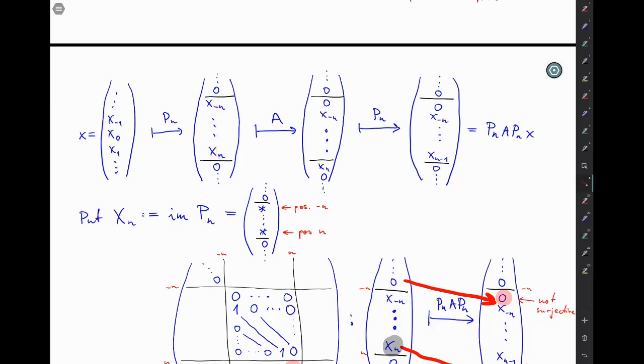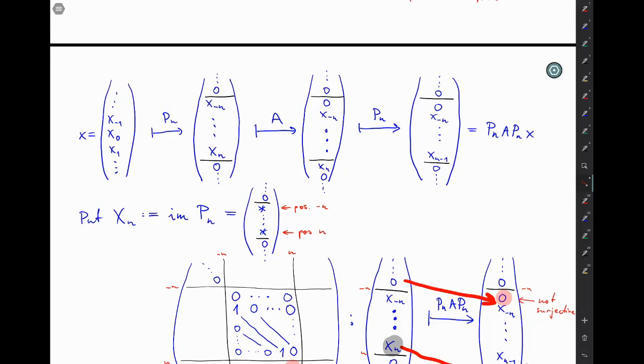But in any case, it doesn't hurt to apply the operator Pn again to that element. It wouldn't change the element because, well, you can see it's the image under Pn of some vector, and if you apply Pn again, then Pn being a projector doesn't change the result anymore.